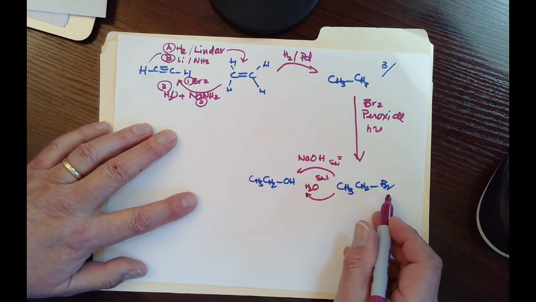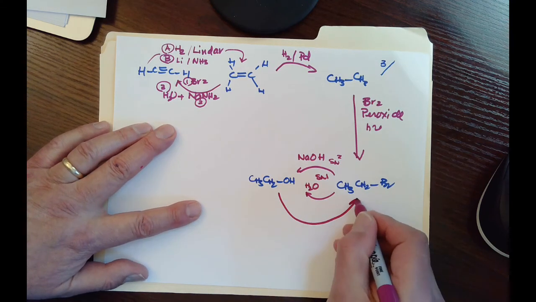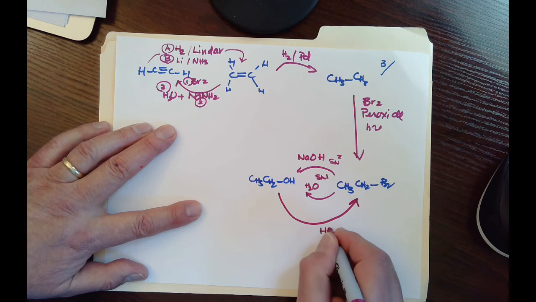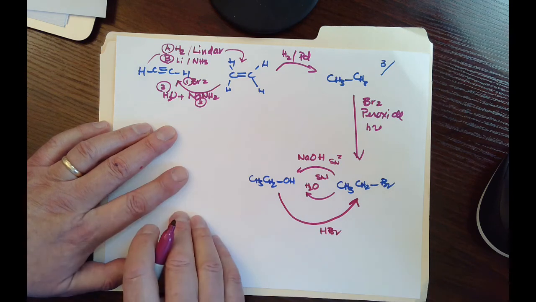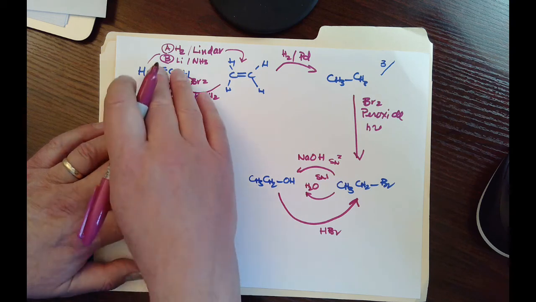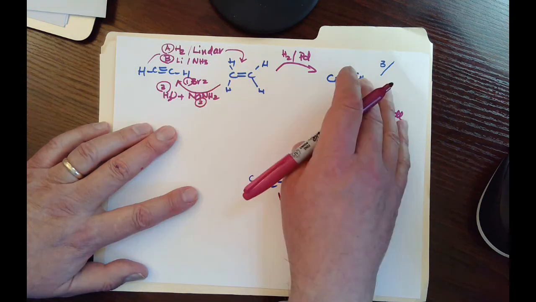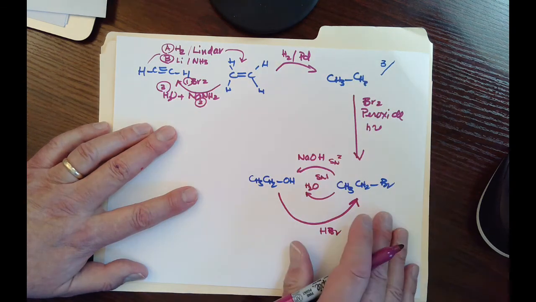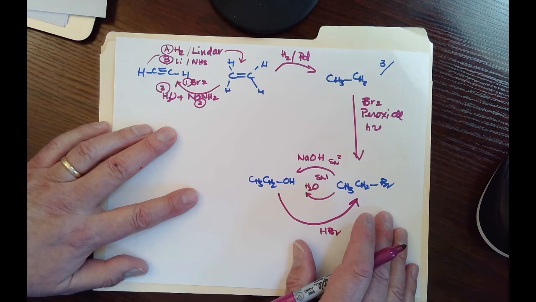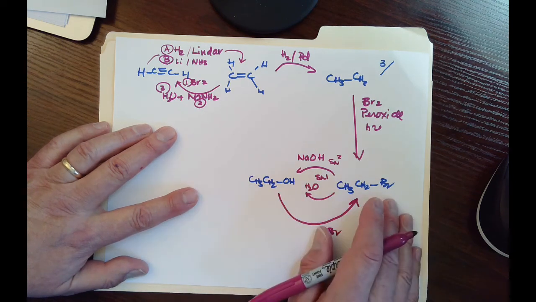We did that in the proposed lab, remember? Going from here to here, we use HBr. Okay, so we got all the way from alkyne to alkene to alkane to alkyl halides to an alcohol, and from alcohol back to alkyl halides.